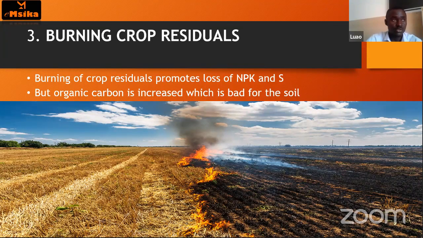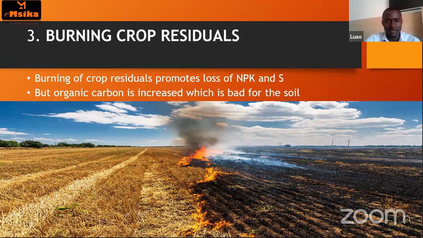It is very important not to burn crop residues. When this decomposes, organic matter increases, water holding capacity and drainage are improved, and the exchange capacity for the nutrients is improved. A lot of things are improved in the soil because we are plowing back the crop residues.